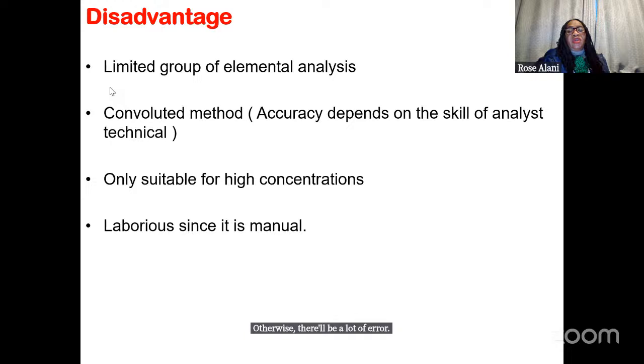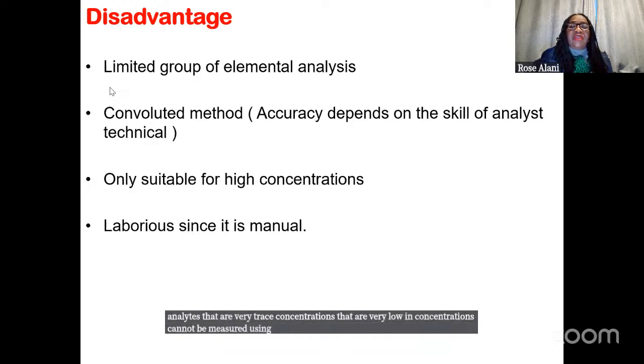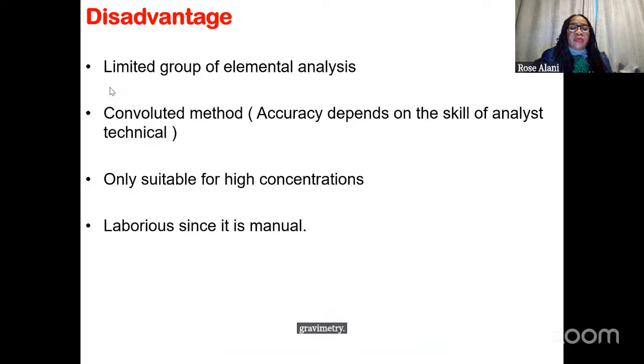And it's only suitable for high concentrations. Analytes of very trace concentrations, that are very low, cannot be measured using gravimetry. And it also involves a lot of labor. You're doing everything manually, all the steps, it's a lot of labor and it's time consuming.